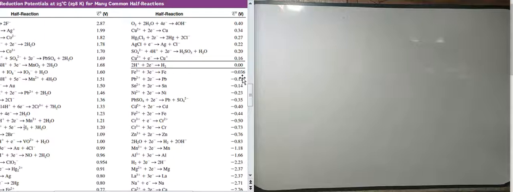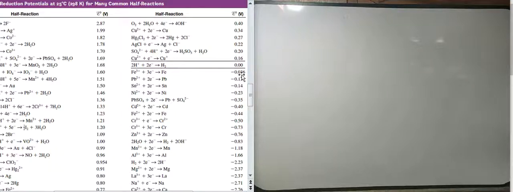But if it is an oxidation, like Fe will yield Fe3 plus plus 3 electrons. Remember, in oxidation the electron should be on the product side. We just reversed it: the product became the reactant, and the reactant became the product.